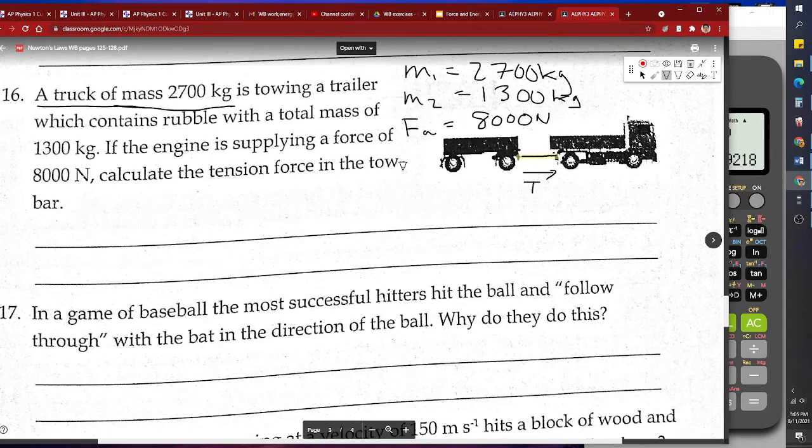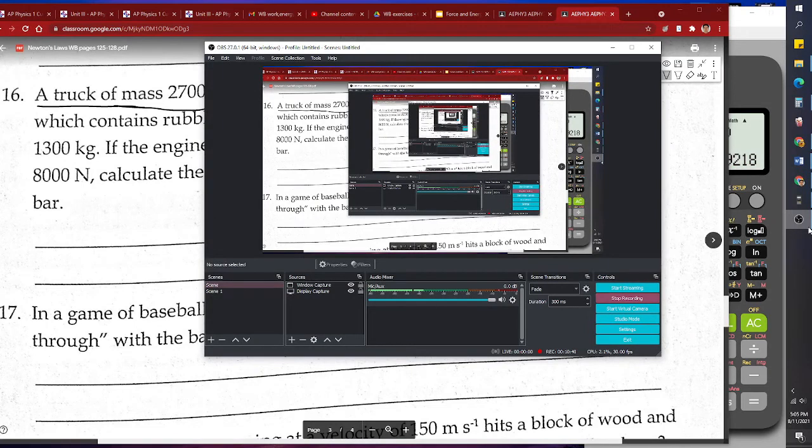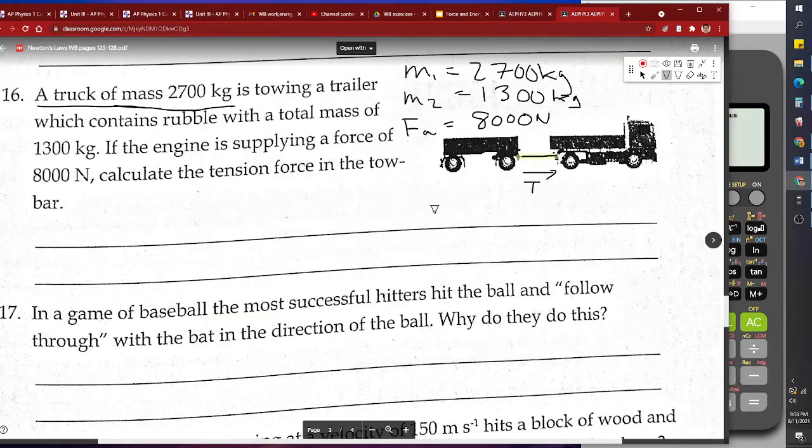Now, how are we going to determine that? First of all, we need to know what the applied force here is. To find the tension, we have to come up with a formula that matches everything.